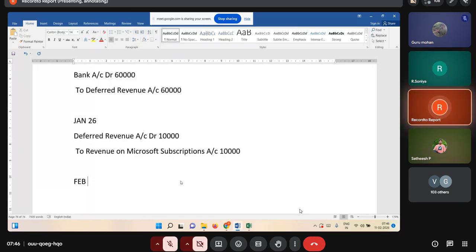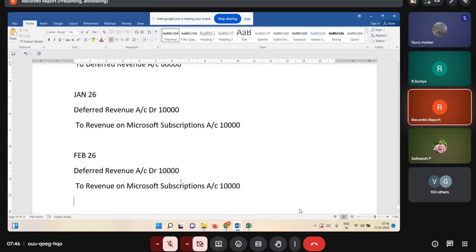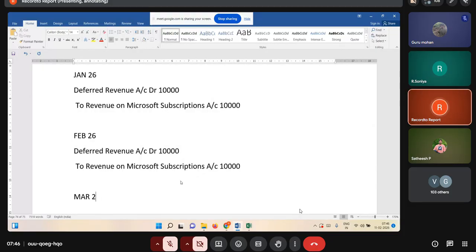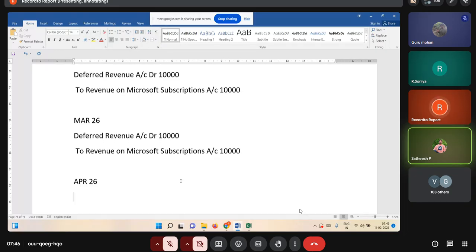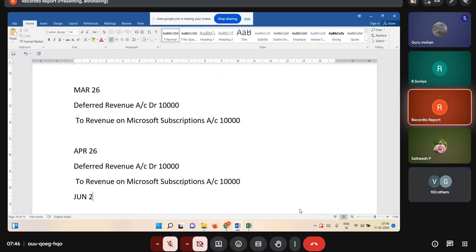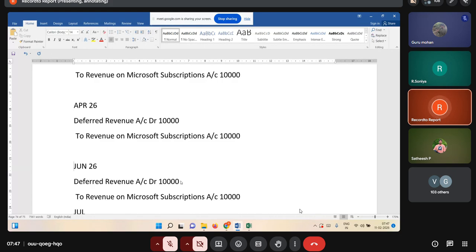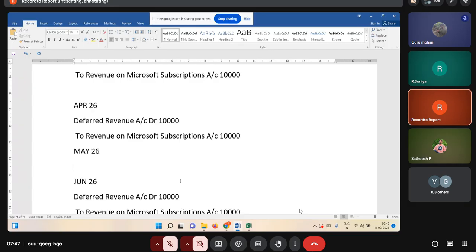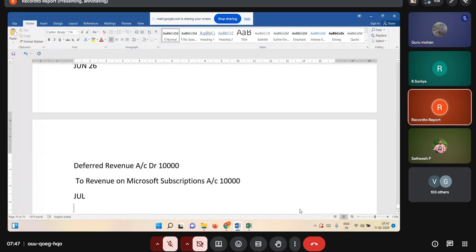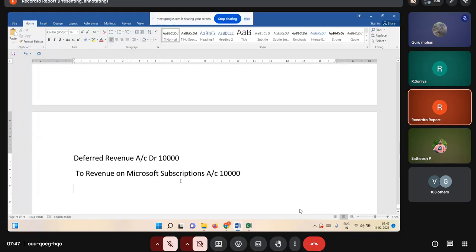February, the same entry. March, same entry. April, same entry. Before this, we missed 1 month, that is May, same entry. June, same entry. Understand? What is the difference between prepaid expense and deferred revenue?